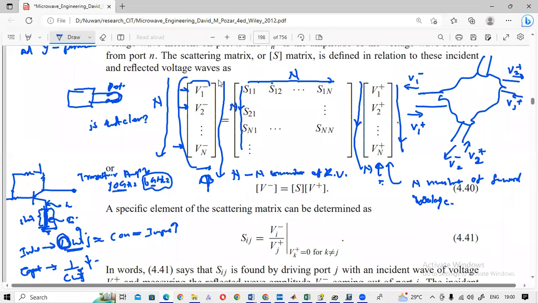So this matrix will be n by n, that means n square, so you will have n square parameters.